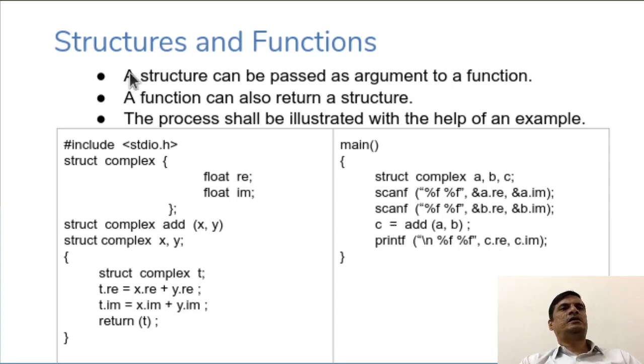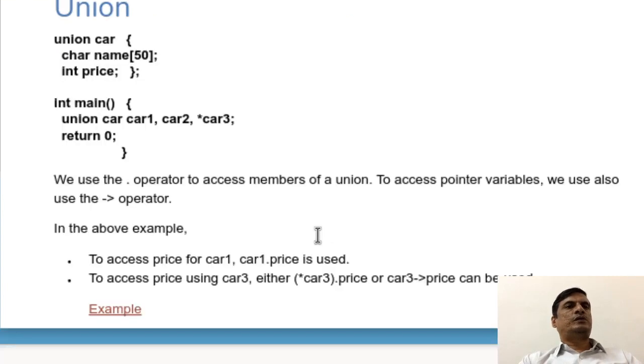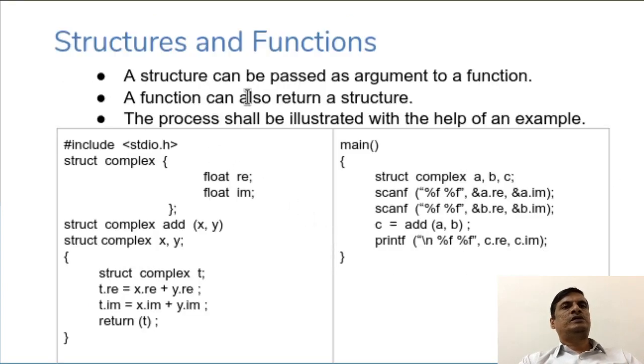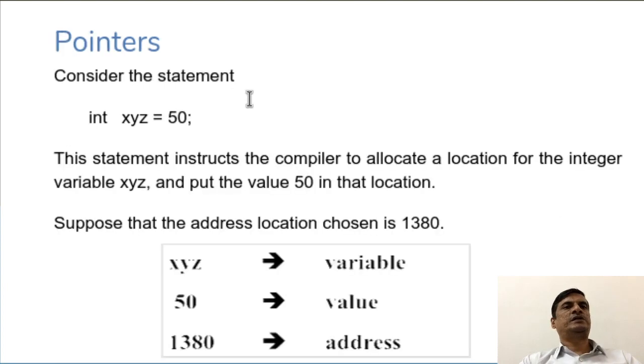And here, the understanding with respect to this is that a structure can be passed as an argument, or a union can also be passed to a function. So that is about the structure where it can be passed to a function.